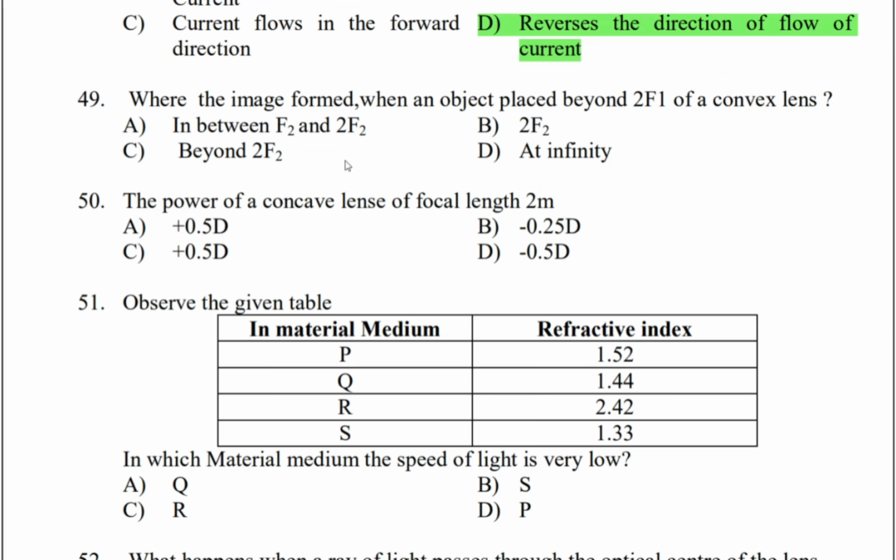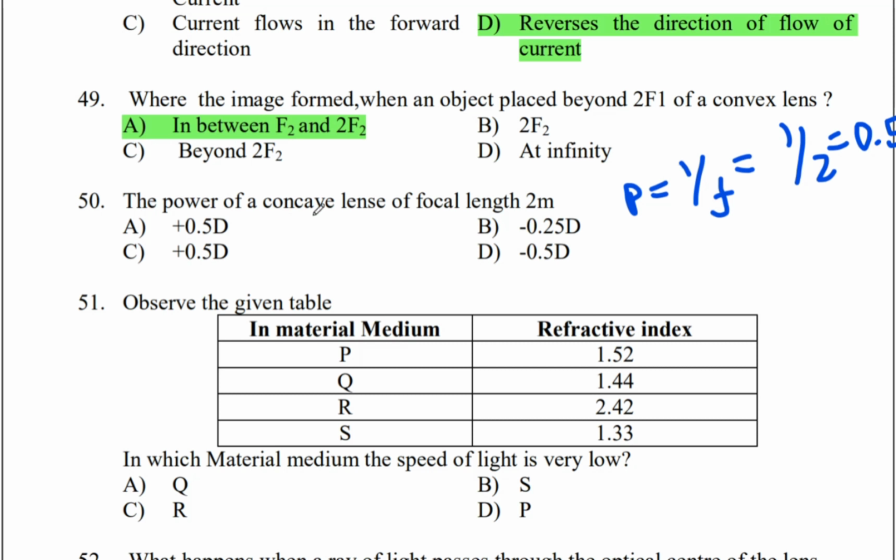Next question. Where is the image formed when an object is placed beyond 2f1 of a convex lens? The image is formed between f2 and 2f2. Therefore, the correct answer is option A. Now, the power of a concave lens of focal length 2 meter: P equals 1 divided by F, which is 1 divided by 2, therefore we get 0.5.